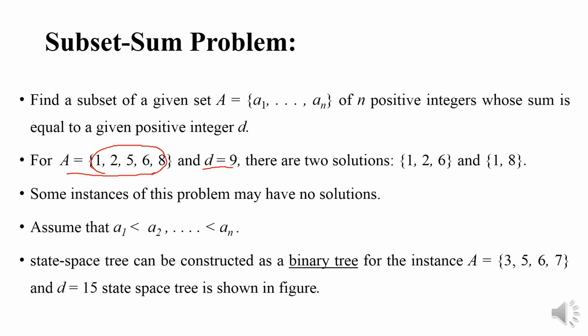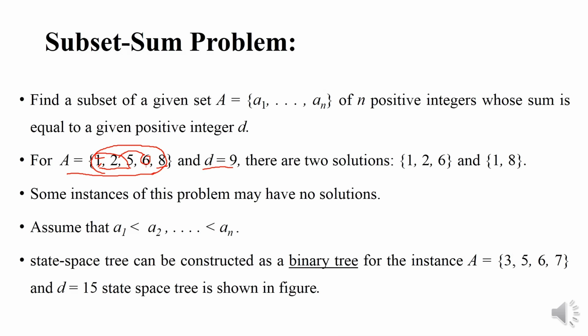One is, if I take a subset with elements 1 and 8, 1 plus 8 is 9. And also if I take another subset with elements 1, 2 and 6, their sum is also equal to 9. 6 plus 2 plus 1 is 9.